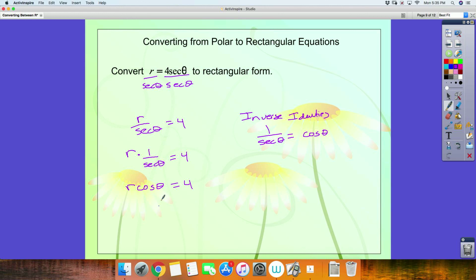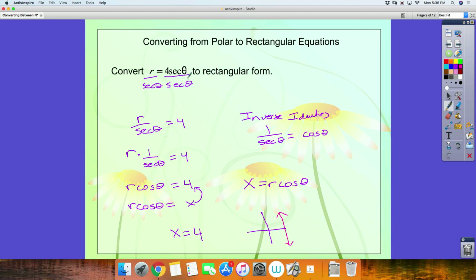When we converted earlier to rectangular form, we used the equation x equals r cosine theta. So if we match that up, r cosine theta equals x, I can see that x and 4 are in the same spot. So this equation is x equals 4. If I were to graph that on a traditional graph, that would give us a line at x equals 4.